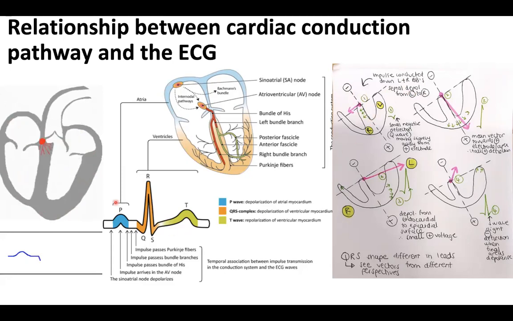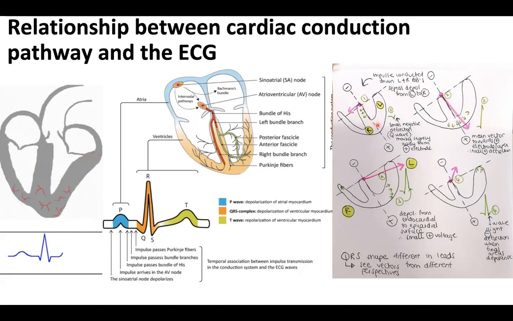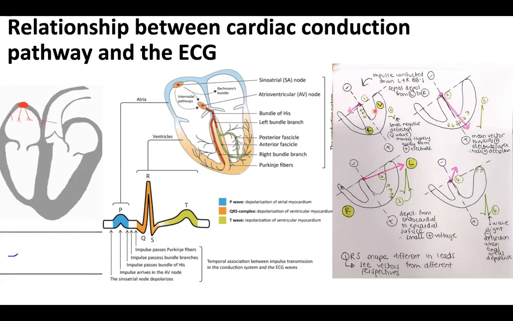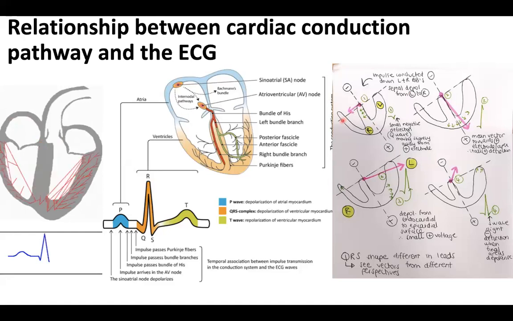Because all of this is basically a vector showing the net electricity or current that is flowing through the heart. So here in diagram 1, you see that the impulse goes from left to right, indicated by these green arrows. So the net vector is basically going towards the right.